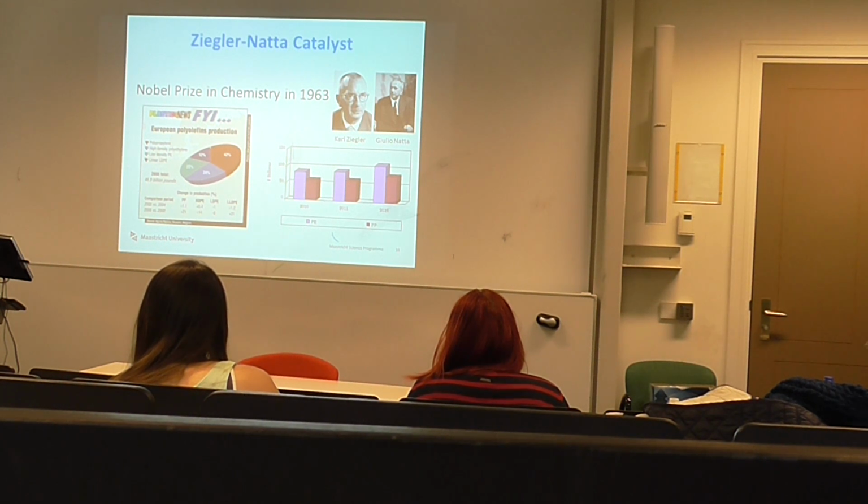So it's a huge production. There is a very big market, and it's not decreasing. Although we are now starting with bio-based polymers, PE and PP are still extensively produced. So I would say it's a good reason to keep studying this class of materials.